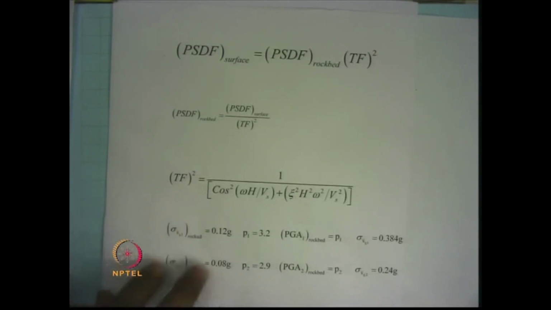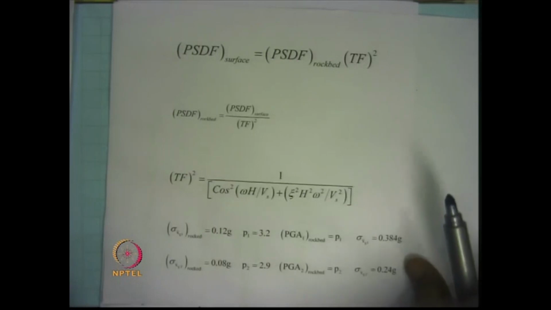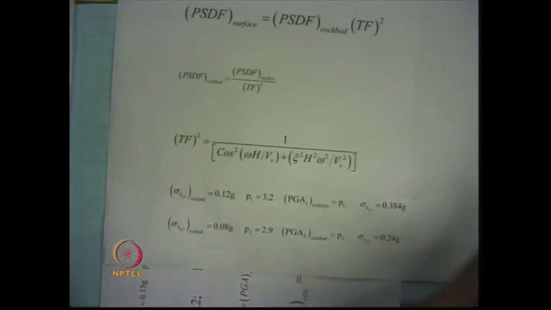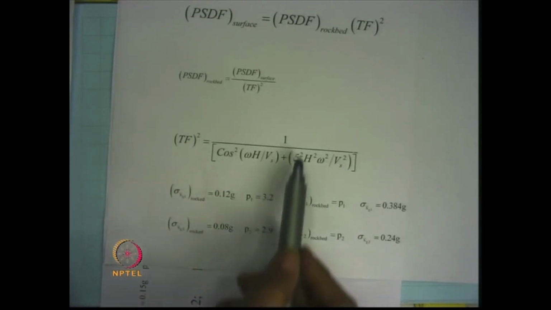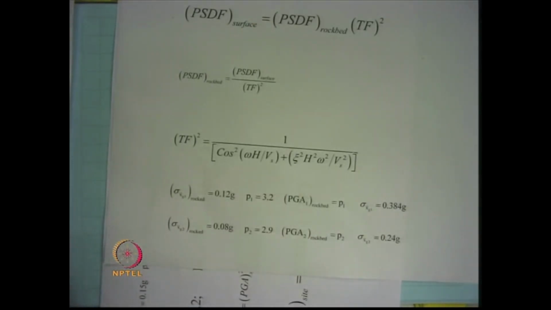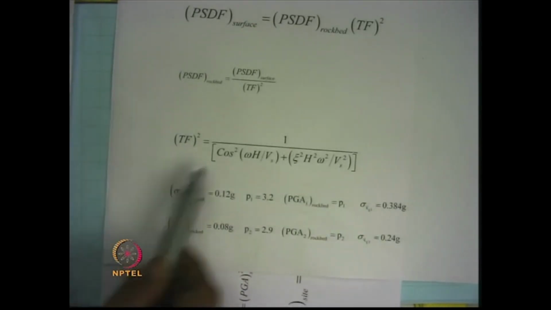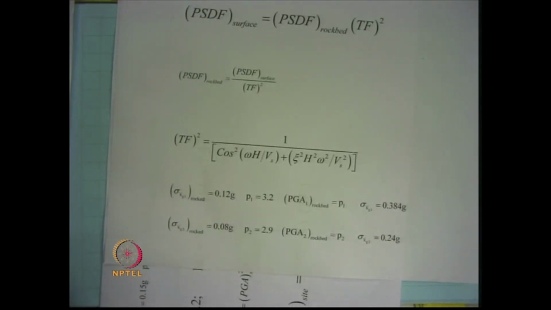Now, using this transfer function square for the specified values of Vs for the 3 sites. For the 3 sites we have seen that we have different shear wave velocities, and the soil layer depth is given as 20 meter, xi is taken as 5%, and then for each omega value we calculated the values of the transfer function square, and we divided the surface power spectral density function of acceleration by the transfer function square.